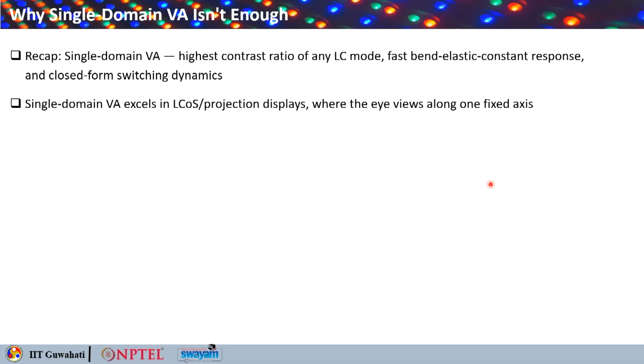Now the weakness we have seen is that the single domain vertical alignment cell's viewing angle is narrow and asymmetric for direct view use, because the vertical alignment liquid crystal layer acts like a uniaxial C plate for obliquely incident light, and the crossed polarizer geometry stops being ideal off axis.